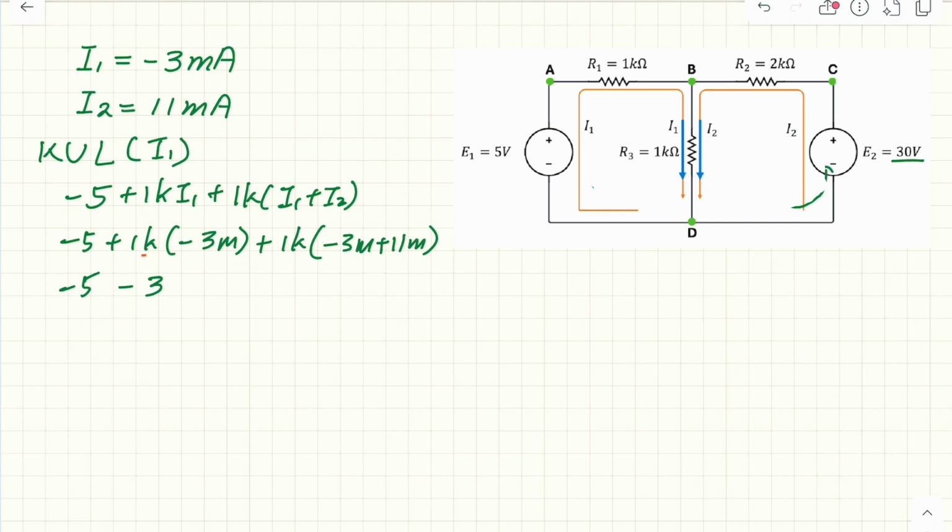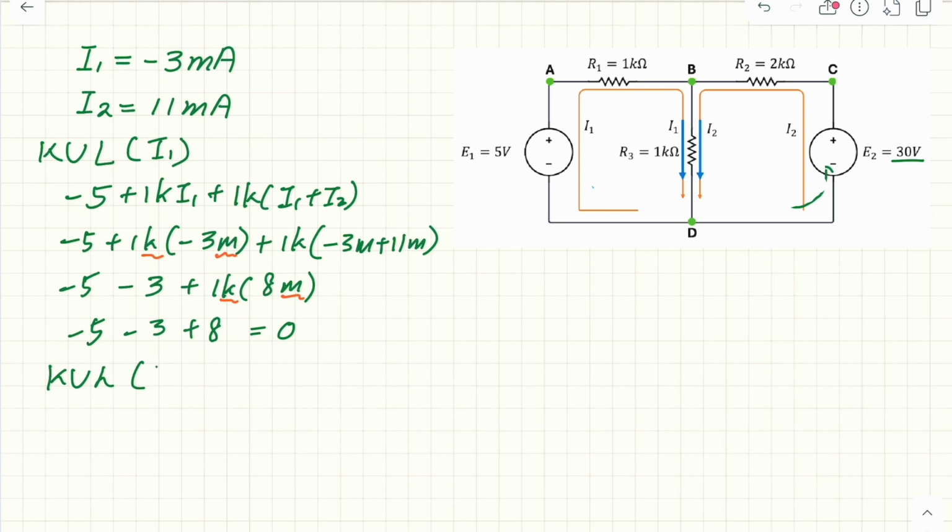Again, remember K and M, when they combine, it becomes 1. And this is plus 1K times 8M. K and M combine again. So we have minus 5 minus 3 plus 8 equal to 0. So KVL for I1 is correct.